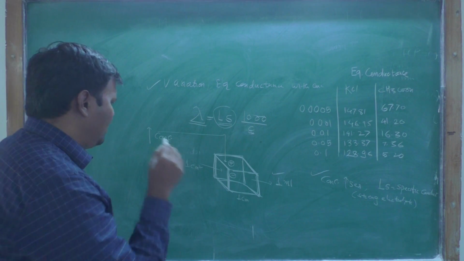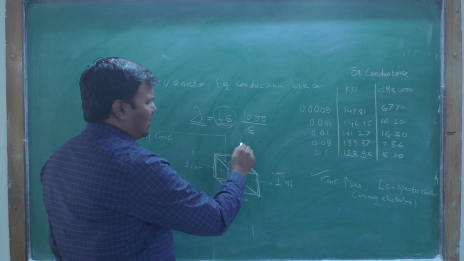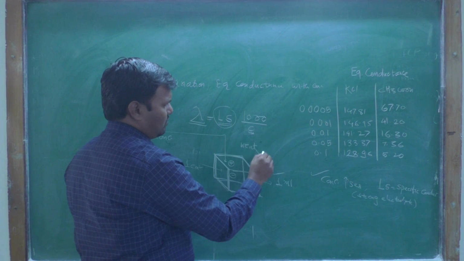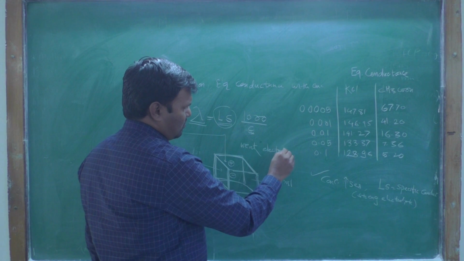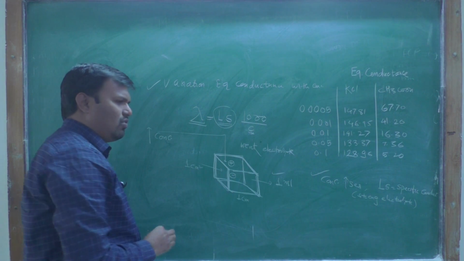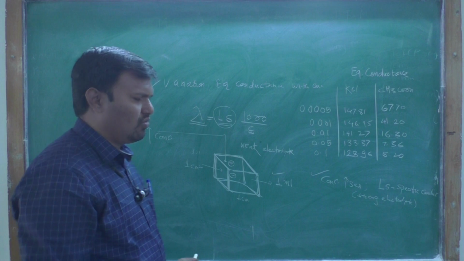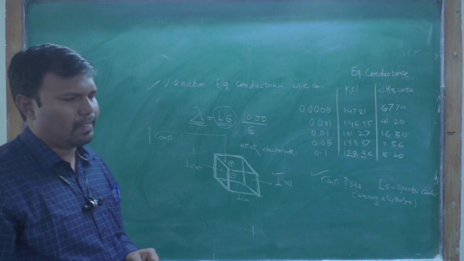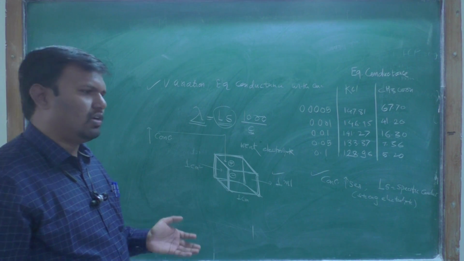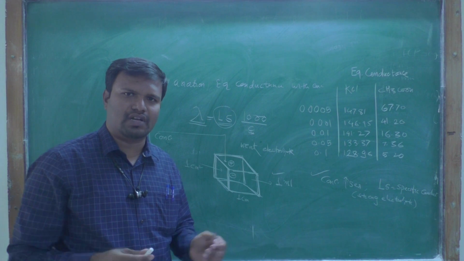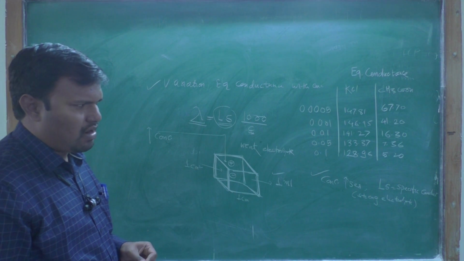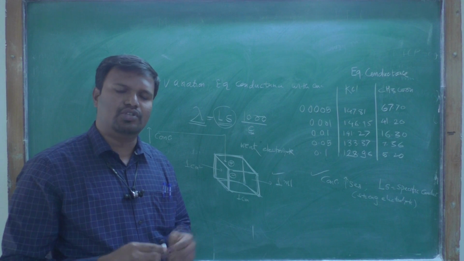If you have a weak electrolyte, we know that the weak electrolyte has a tendency to dissociate partially. It does not give 100% dissociation of ions. It dissociates partially.